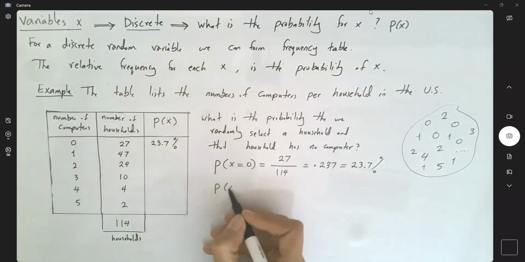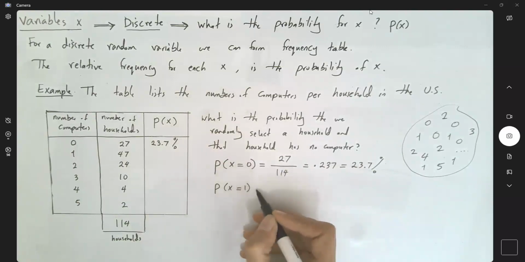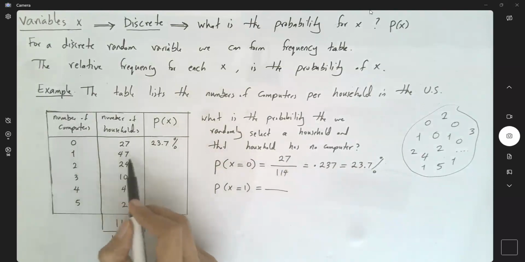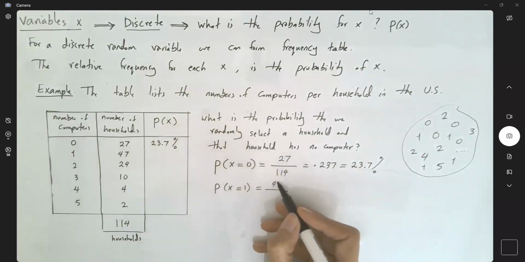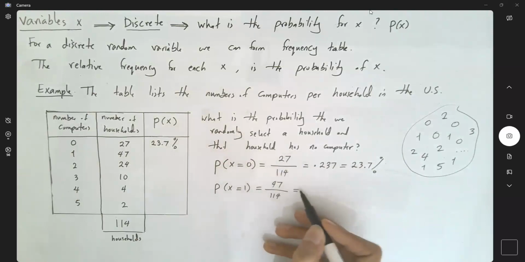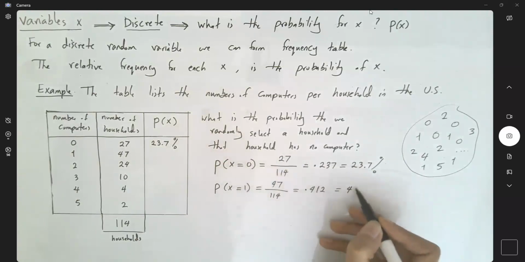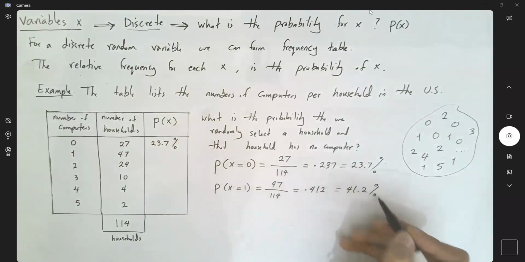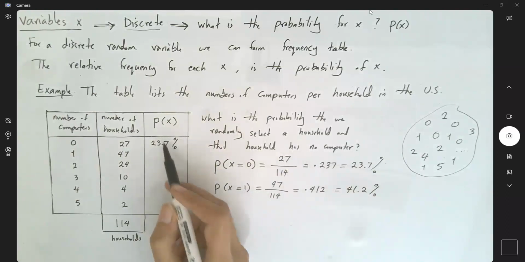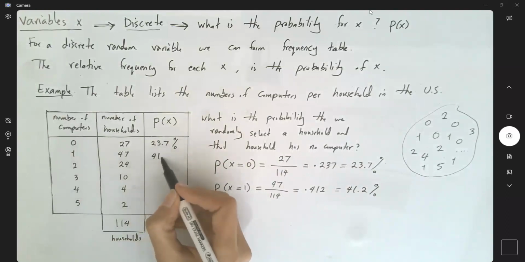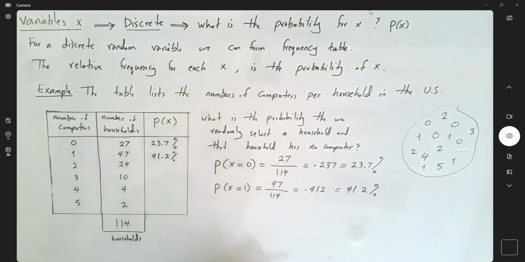If I randomly select a household with only 1 computer, the count for 1 computer is 47. So 47 divided by 114, which is 0.412 or 41.2%. So the probability that X is 1 is 41.2%.